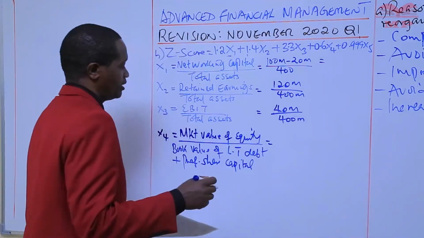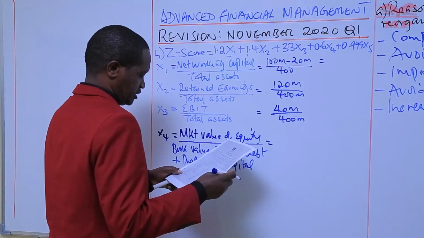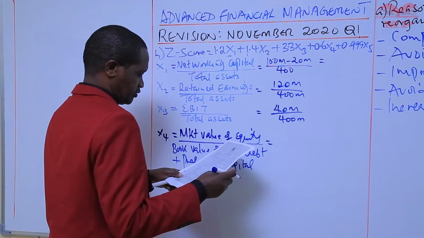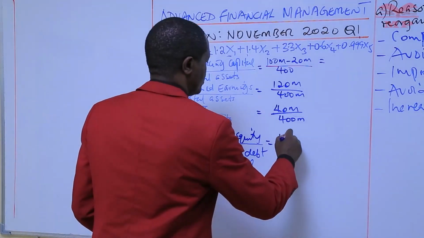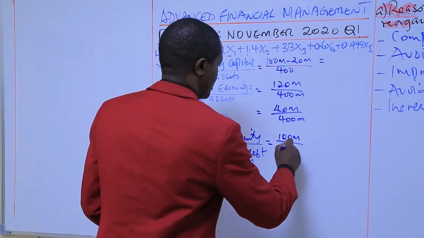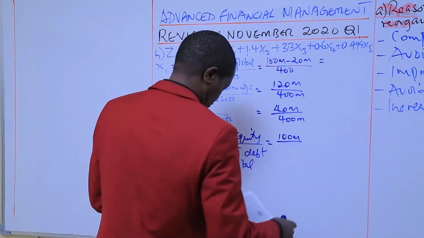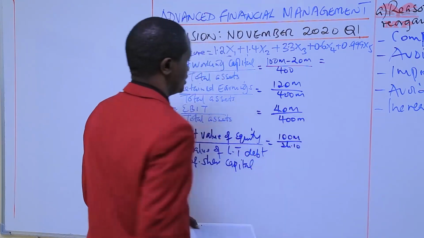So we get the number of shares. The number of shares we read there, financed by ordinary shares, 10 shillings each, 100 million. So the number of shares will be 100 million divided by the par value of 10 shillings.